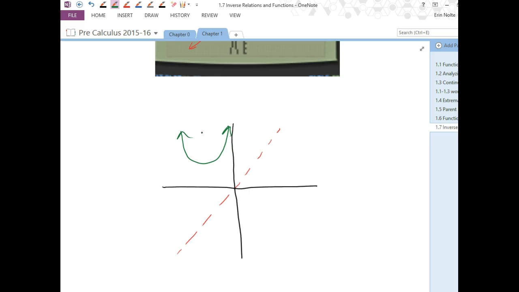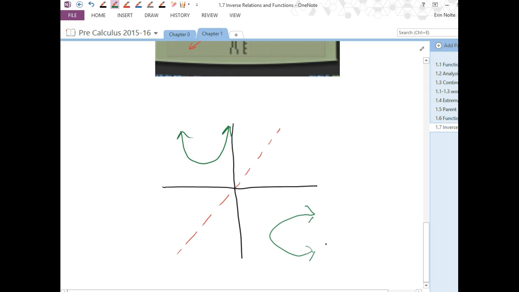But what does it look like? Sideways, whatever, like that. Yeah. Can you draw it? Okay, nice.